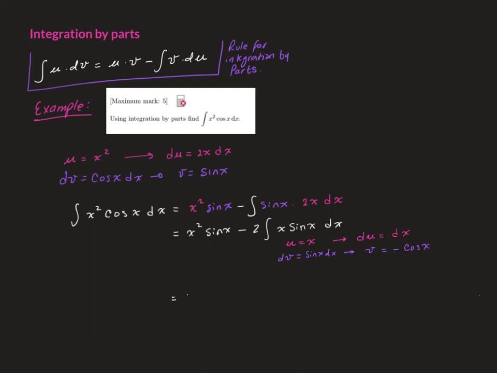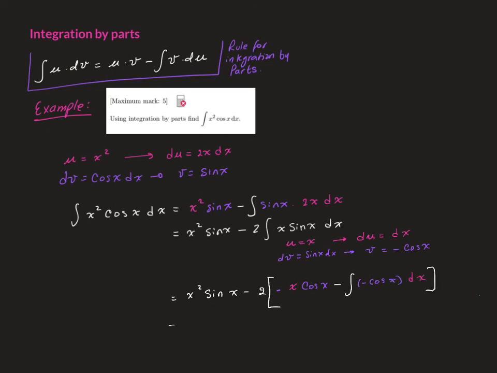Now I'm going to do a substitution for that integral only. Everything else is going to remain the same, minus 2, and then for this integral I'm going to do the integration by parts. So that is going to be minus cosine of x times x, minus the integral of minus cosine of x times dx.